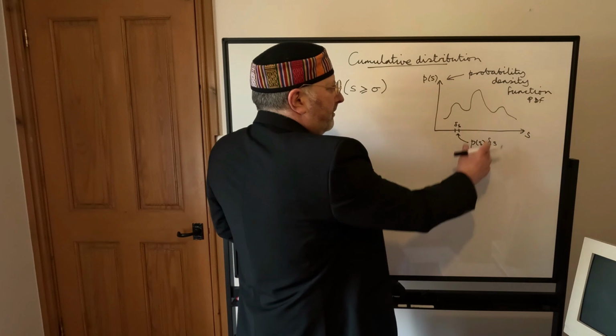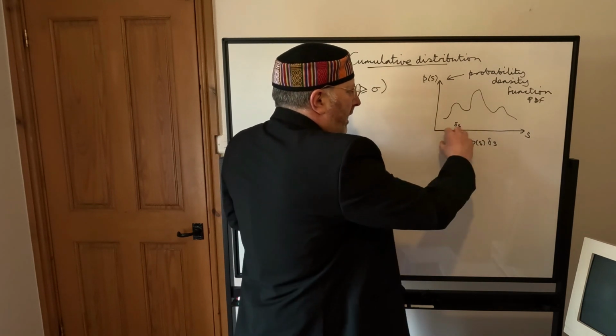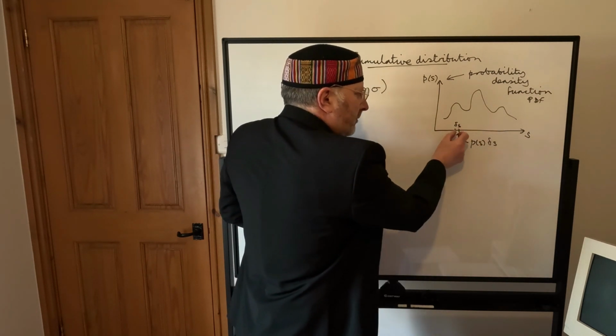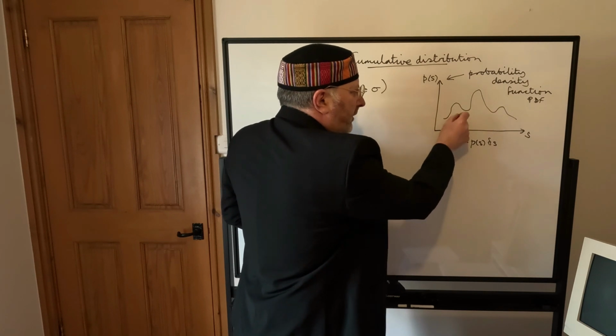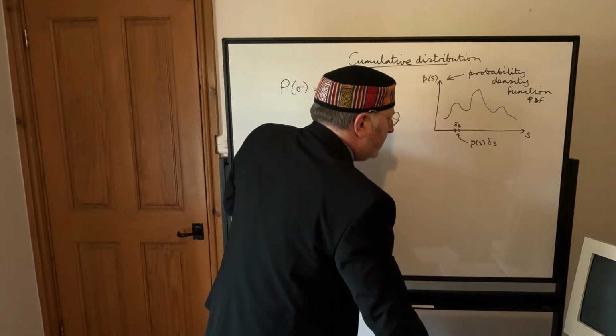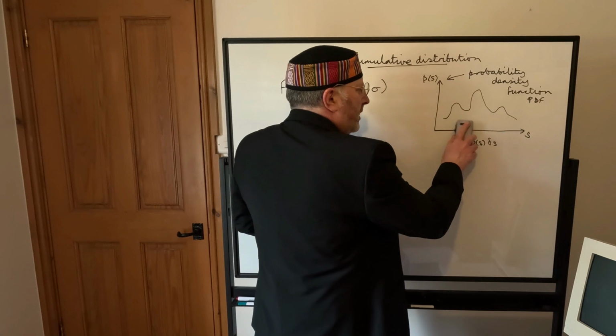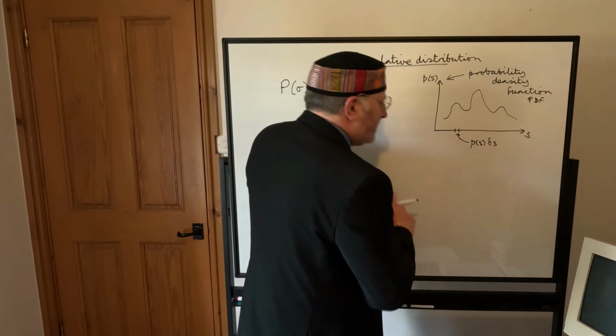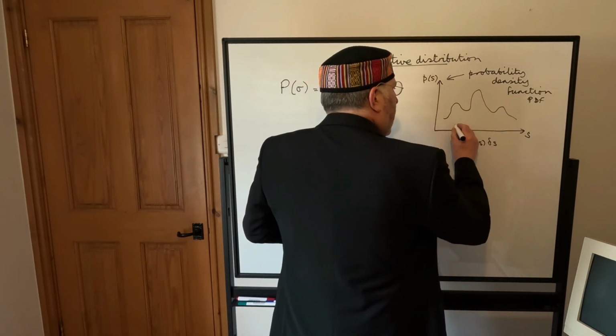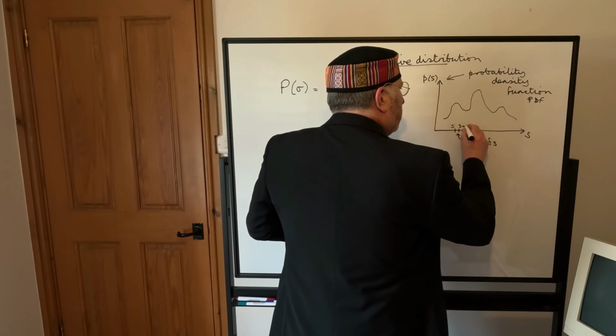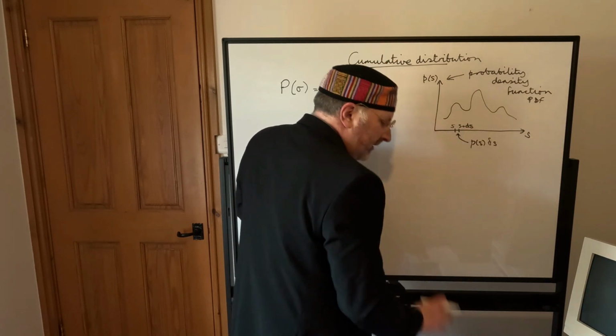But we want to be exact, so we want to deal with very small regions, so we'll deal with infinitesimal regions. So we'll say this is a region from S to S plus ds, an infinitesimal.